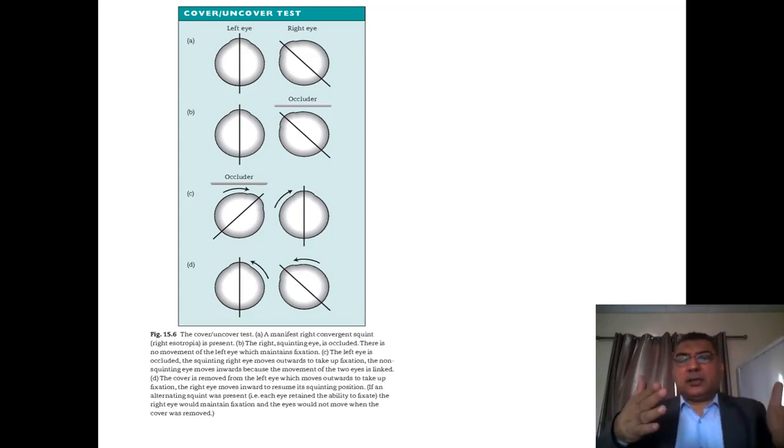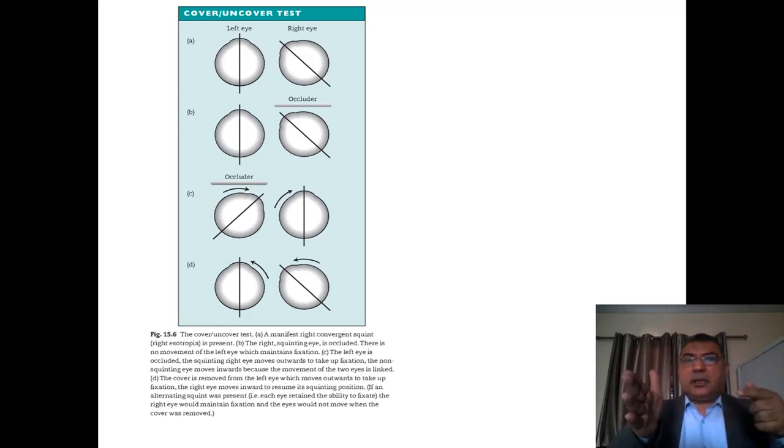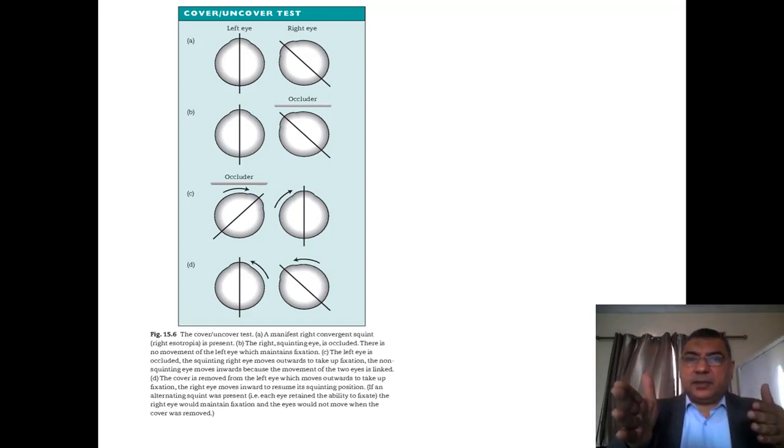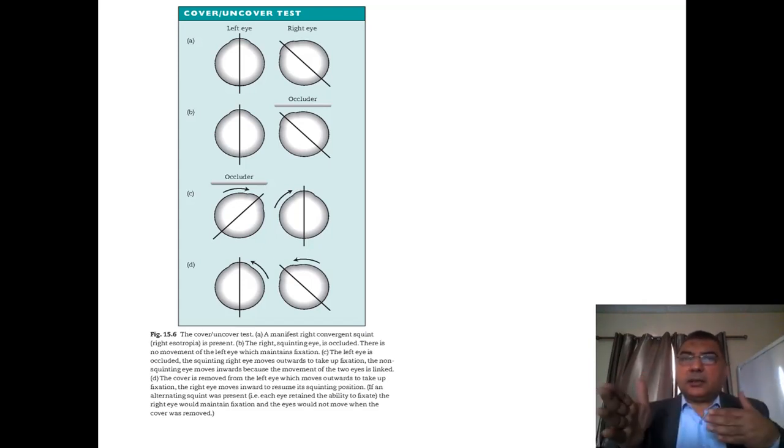If you put the cover in front of the left eye and the right eye takes fixation and the left eye under cover deviates, and if you remove the cover and this left eye remains deviating, so this type of strabismus is the alternating type.